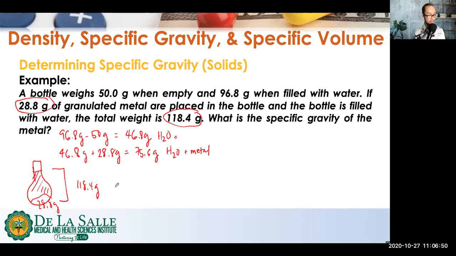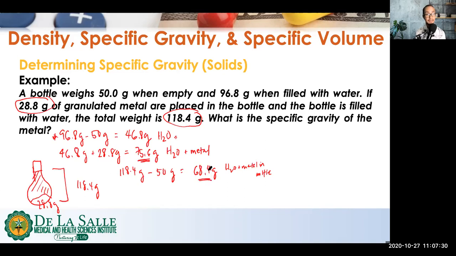So how are we going to determine that? First, you subtract 50 grams from 118.4 grams, just like what we did over here, to determine the combined weight of water and metal in the bottle. This is equal to 68.4 grams. Notice that 75.6 grams is greater than this.